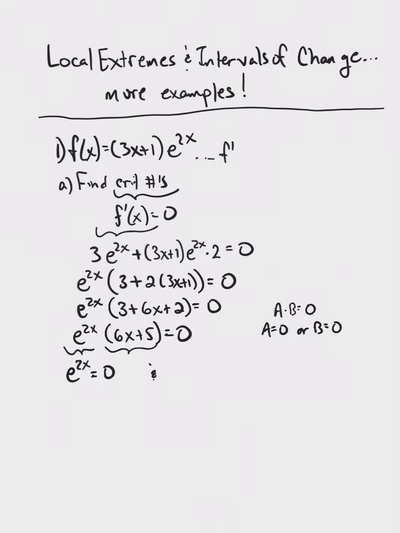And then my second factor is 6x plus 5. I set it equal to 0. Okay, so this right part's pretty easy to solve. I subtract 5 and divide by 6, like that. Now this part right here, this will end up being a nice thing just to know if you don't know. So if you think about our normal way to do this, I would take ln of both sides.